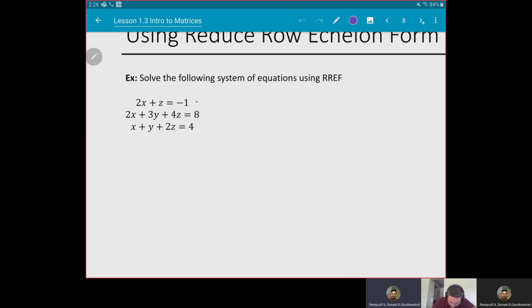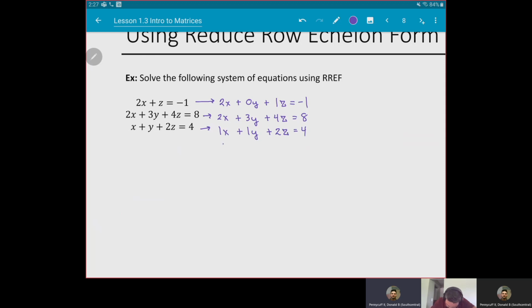The first thing we have to do is get everything lined up. 2x plus 0y plus 1z equals -1. 2x plus 3y plus 4z equals 8, and 1x plus 1y plus 2z equals 4.